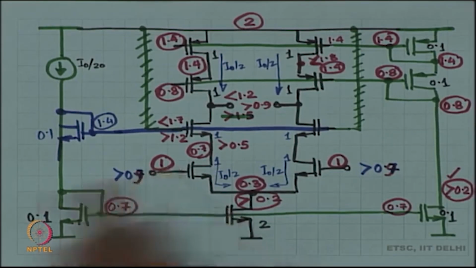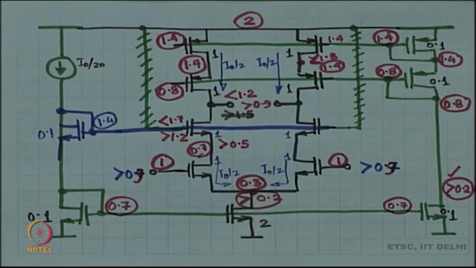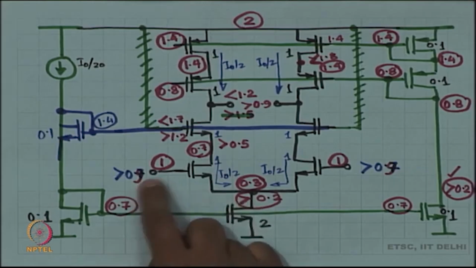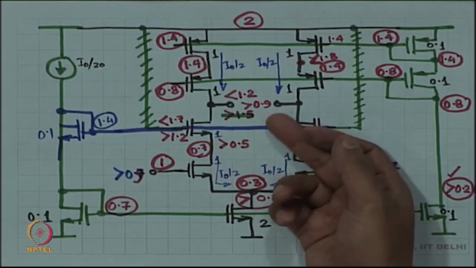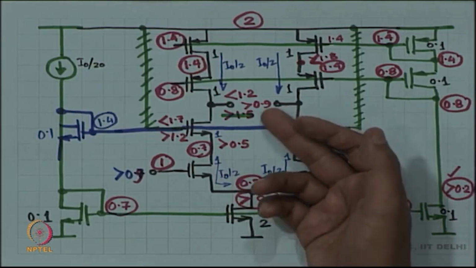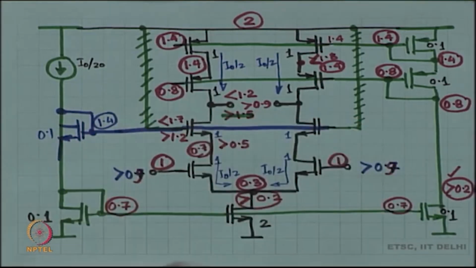So, it is a little bit above the lowest limit. This device is barely in saturation. Okay. So, on the bottom side you might be able to increase by 100 millivolts, but there is not much room.